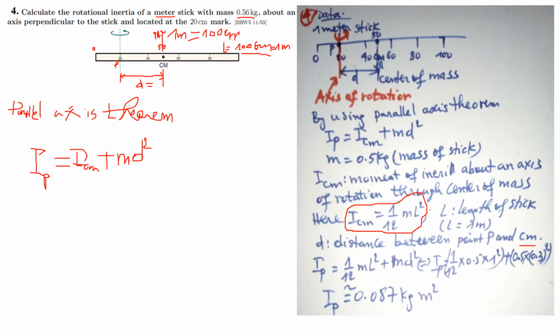The distance from 20 to 50 is 30 centimeters. 30 centimeters are equal to how many meters? 0.3 meters. It's the reason why here in numerical calculation we consider I_P equals 1/12 times 0.5 times 1 squared plus 0.5 times 0.3 squared, which gives approximately 0.087 kilogram meter squared.